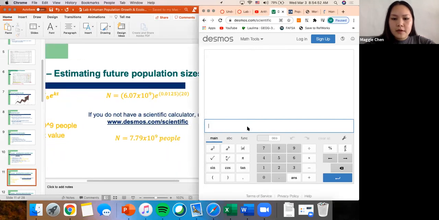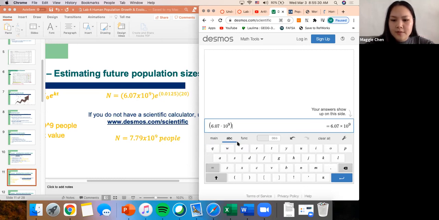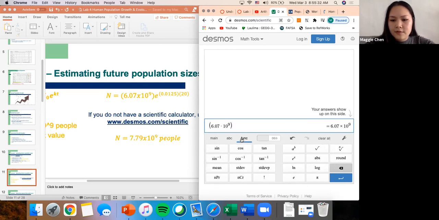Parentheses are really important when we're trying to do any calculations, especially if there's anything to the exponent of. So I'm going to put in 6.07 times 10 to the 9, and we'll end our parentheses, and we'll multiply that by E. We can find E in the different tabs on the side here, where you can put in ABC or different functions.